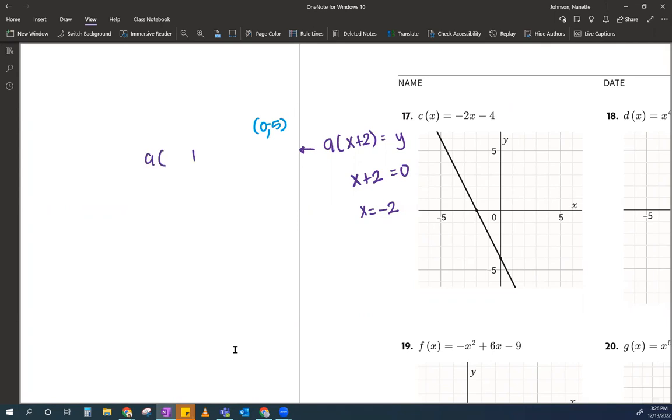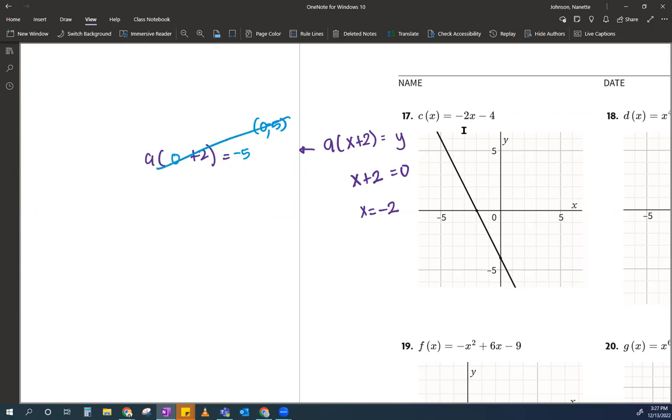And if I plug in the point 0, -5, I should be able to find my actual A. I don't like this. 2A equals -5. A should be -2. Why isn't, oh, because I don't have my B. I don't like this way. Sorry. I'm going to nix this.